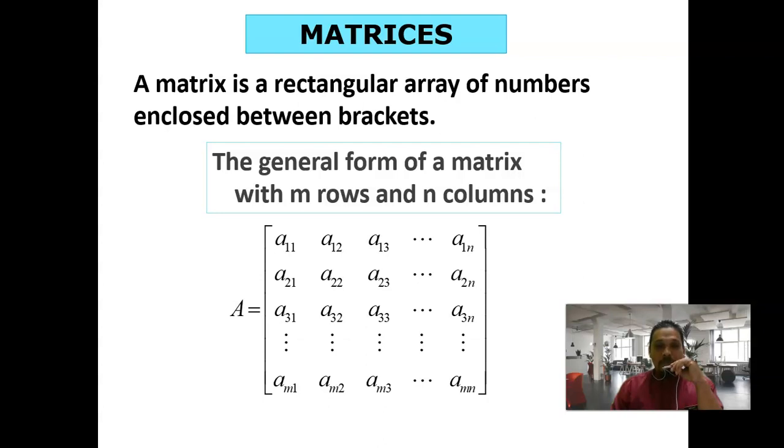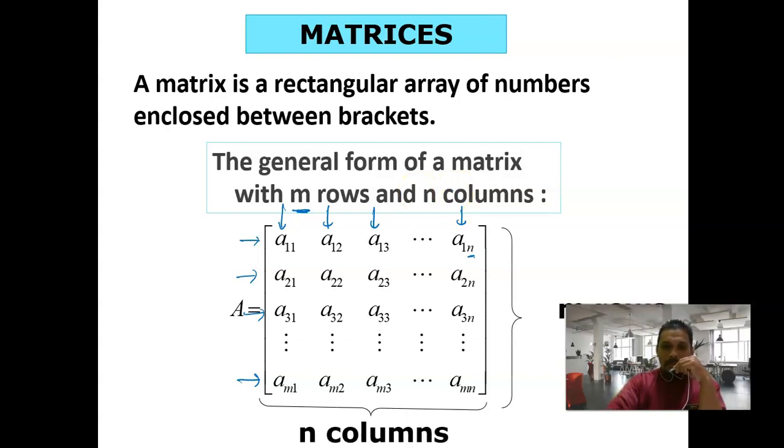The general form of a matrix with m rows: row number 1, row number 2, row number 3 until row m, and then with n columns: column 1, column 2, column 3 until the final one, column n. So m and n can be any numbers or any size.